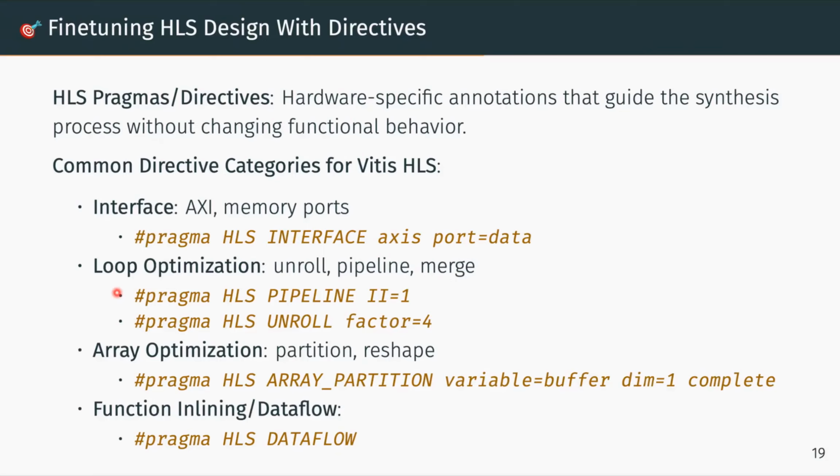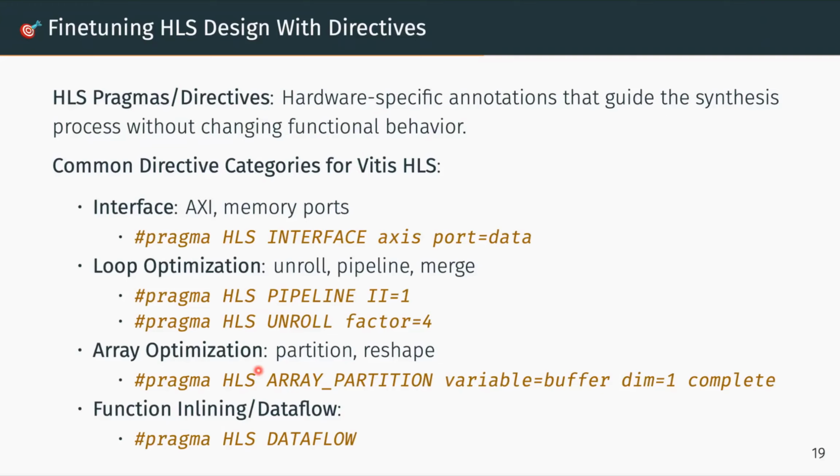You may also want to tell them how the loop is optimized. If you want the loop to be pipelined with an interval of 1 clock, or you want to unroll the loop by a factor of 4, meaning that 4 steps are running in parallel.